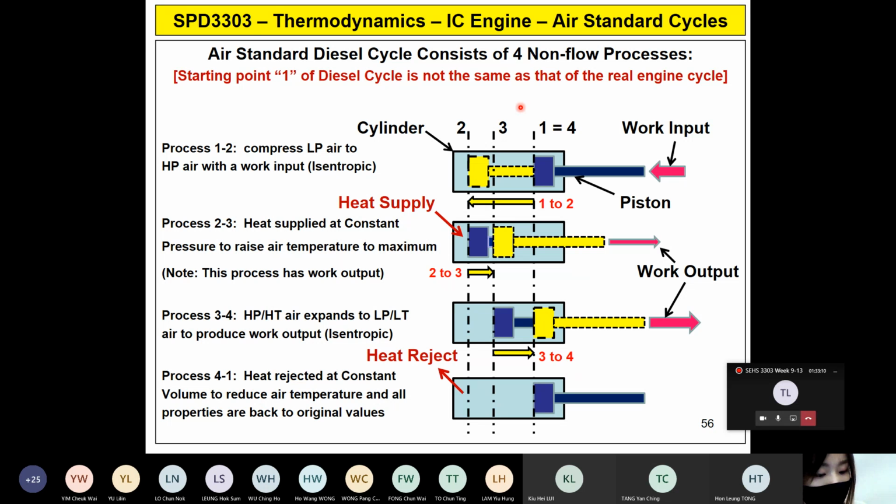We want to have a look at the engine itself, but we don't care about the combustion process or the combustion efficiency. So we have to delink the combustion efficiency from the thermal efficiency. We put combustion aside so that we can focus on the thermal efficiency, focus on the cycle analysis.